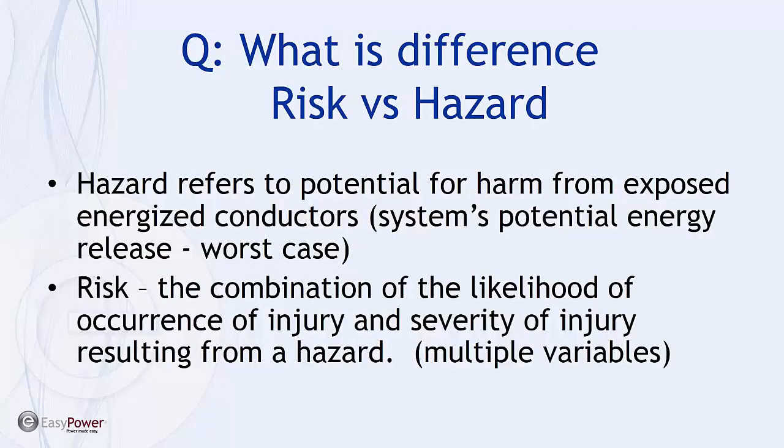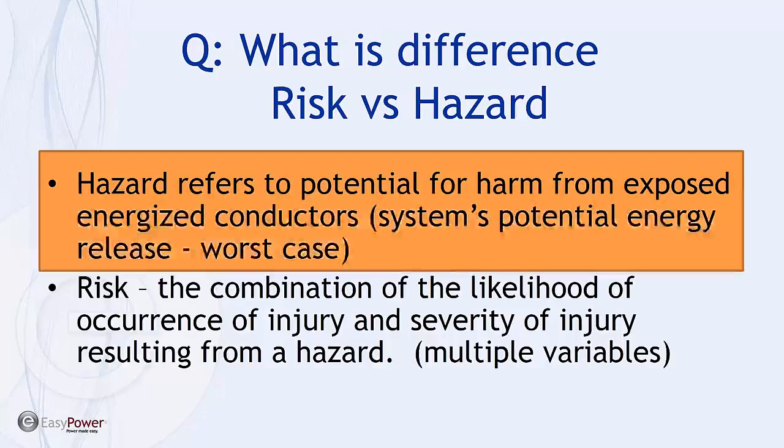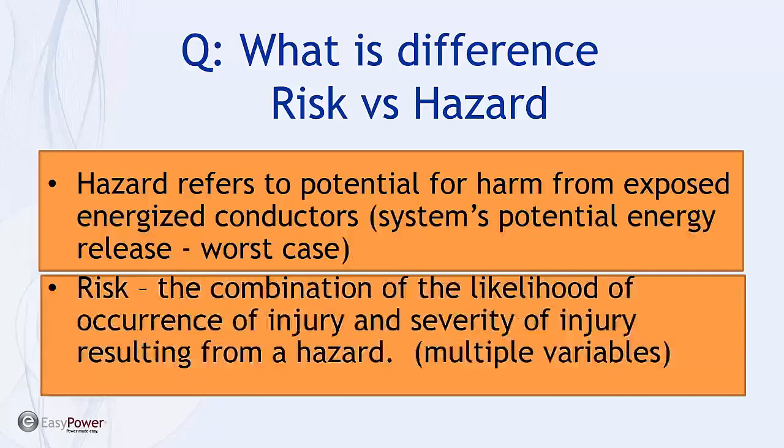So what's the difference between risk and hazard? Again, this is an area that's been discussed in informative annexes attached to the standards, and more it's being pulled into specific requirements for NFPA 70E. Hazard refers to the potential for harm from exposed energized conductors. So in essence, it's the system's potential energy release in a worst case situation. The risk of that hazard causing harm or damage is the combination of the likelihood of occurrence of the injury and the severity of the injury resulting from a hazard.